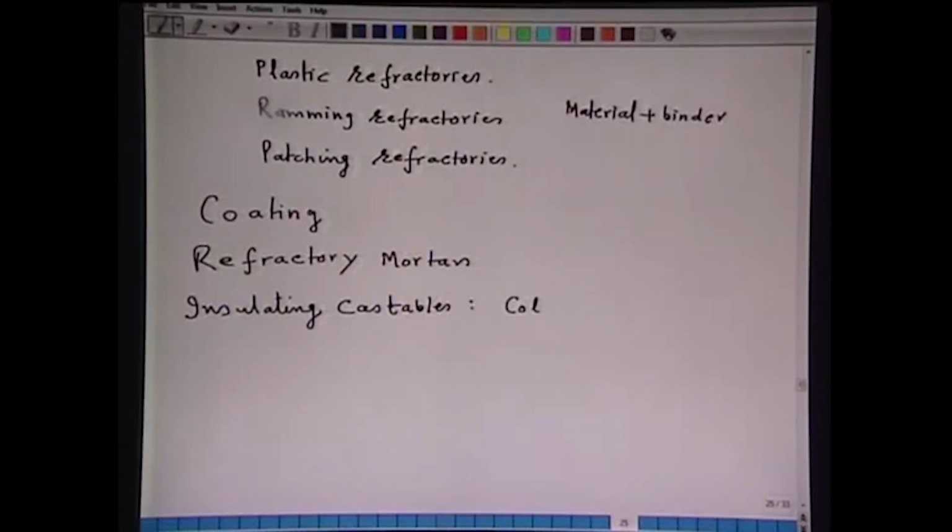So, they are used for cold phase insulation. These insulating castables are made from lightweight aggregates like vermiculite, bubble alumina and clay, because the insulating castable should have a low thermal conductivity and low density.